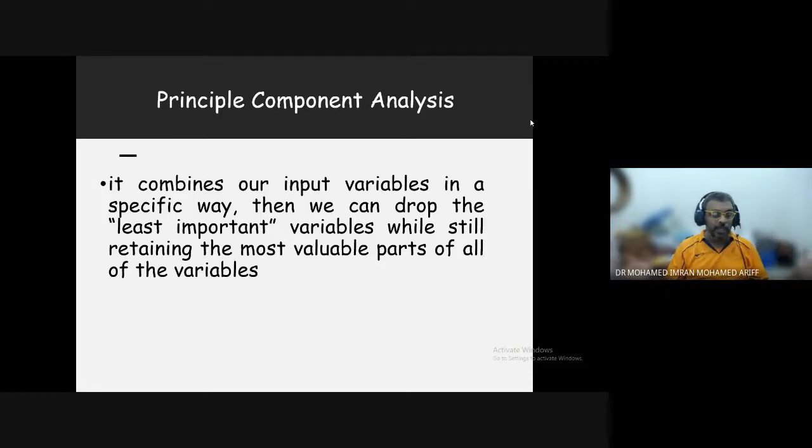You have 10 questions about performance, but once you do your PCA, you find out that it is enough to retain 5 questions, and the other 5 you can drop. They do not carry anything extra, that means it's already explained. Only these 5 questions are enough, you can explain performance.